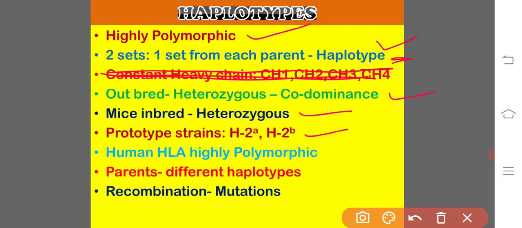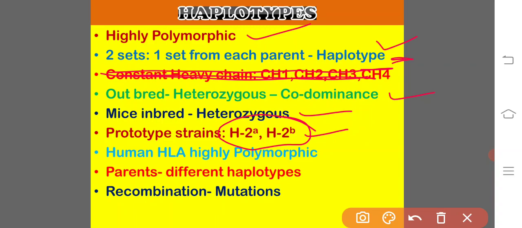Certain inbred mouse strains have been designated as prototype strains, and the MHC haplotypes expressed by these strains are designated by an arbitrary italic superscript, for example H2a and H2b. These are the prototype strains.